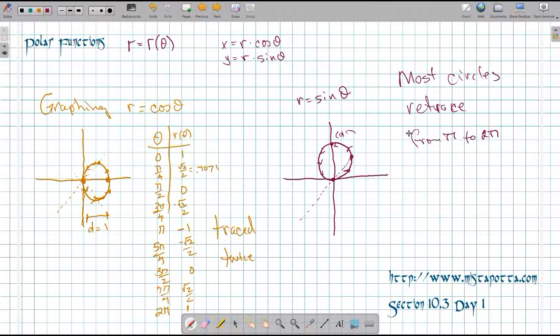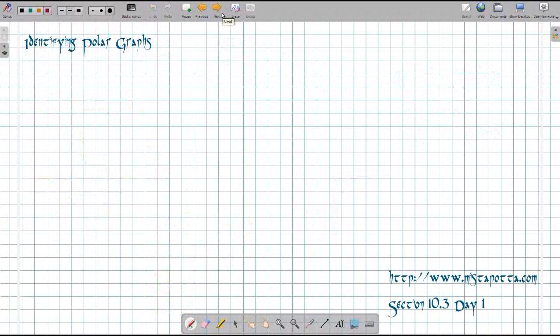So what I really want to do is identify these polar graphs that we talked about back in our pre-calculus class. There were several polar graphs that we dealt with. What's notable, and I'm going to divide my list in half, are the ones that deal with sine and the ones that deal with cosine.